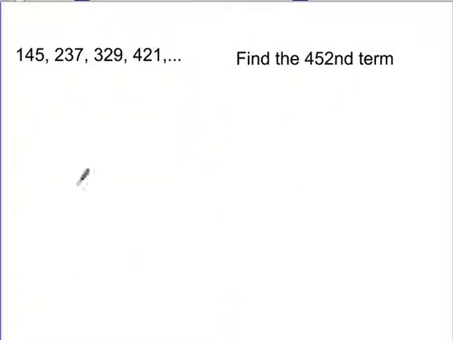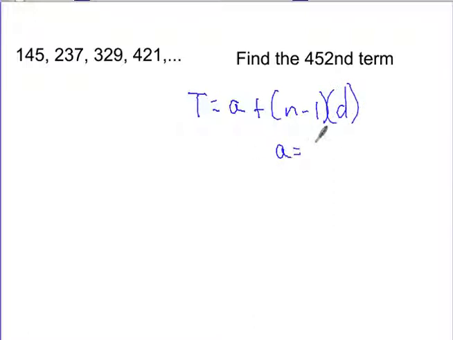All right. It's going to work with really big numbers in really big sequences. So T equals what? T equals A plus n minus 1 times D. Good. All right. A is 145. And N is 452. And D is 92.